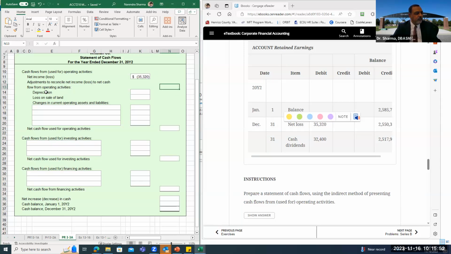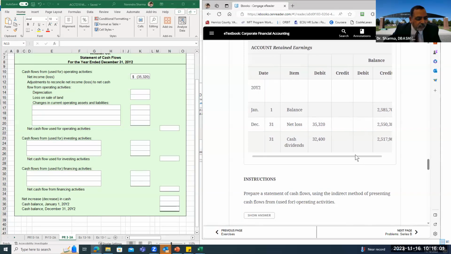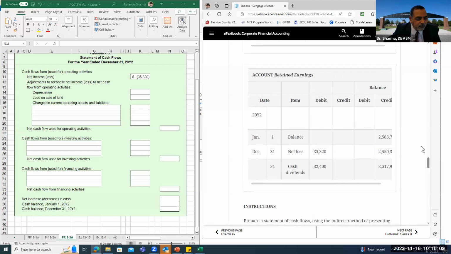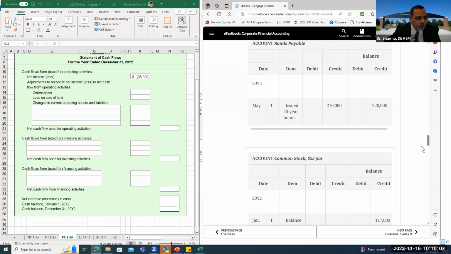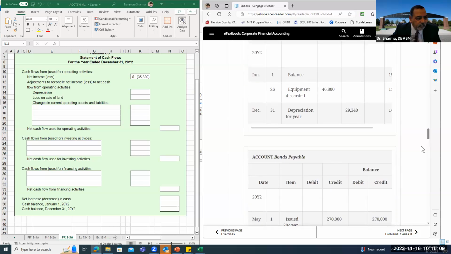Second, what we have to do is look for depreciation. And since we are not given the income statement, we'll have to check the accumulated depreciation balances. So let's move up and see here.